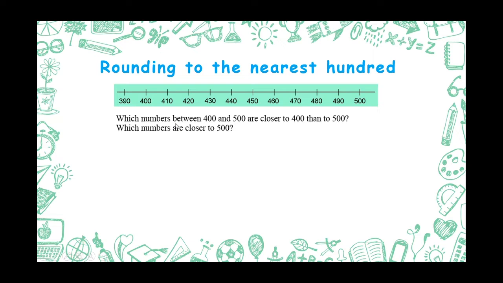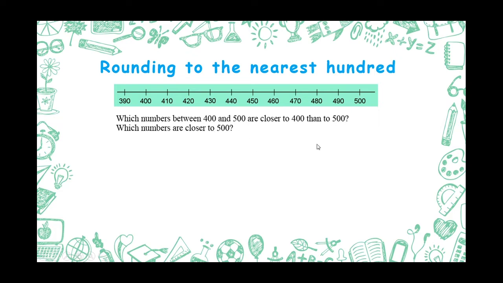Which numbers between 400 and 500, that's all the numbers here, apart from 390, up to 500, are closer to 400 than to 500? So, which ones are closer to 400? Okay, and next we will do which numbers are closer to 500.